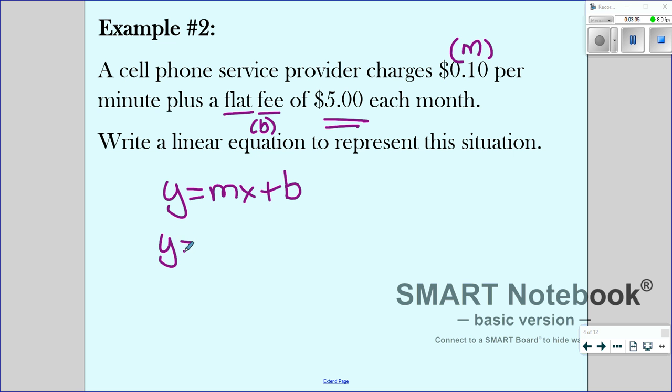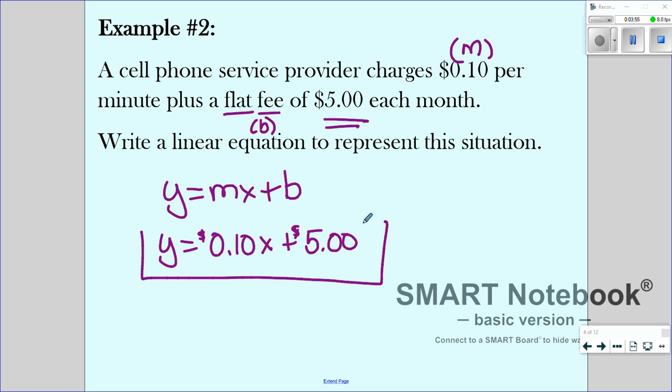So y equals our slope, which is 10 cents per minute, this would be x, plus the flat fee, which is our y-intercept, our starting point, of $5. I'll just put the dollar signs there and box it. So that's our equation for this problem.